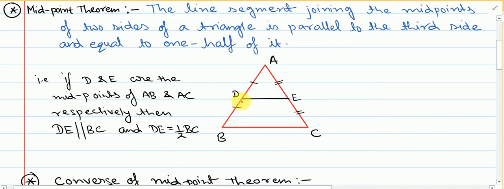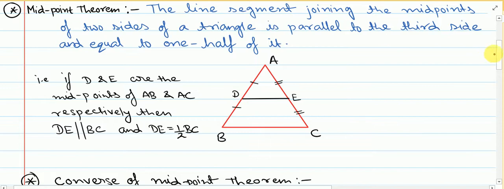Then in that case, DE will be parallel to BC, and DE will be half of BC. Okay, so you need to write down this. Okay, and later on when we'll see problems, things will be more clear to you.